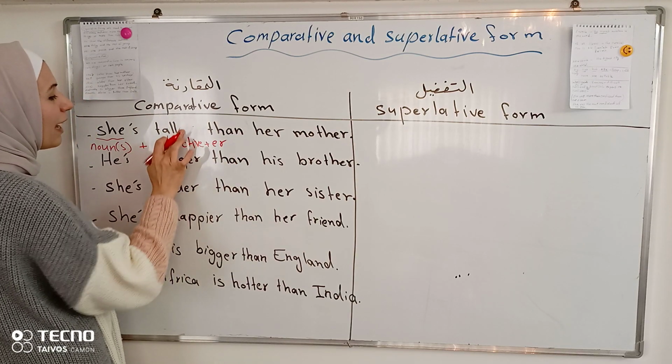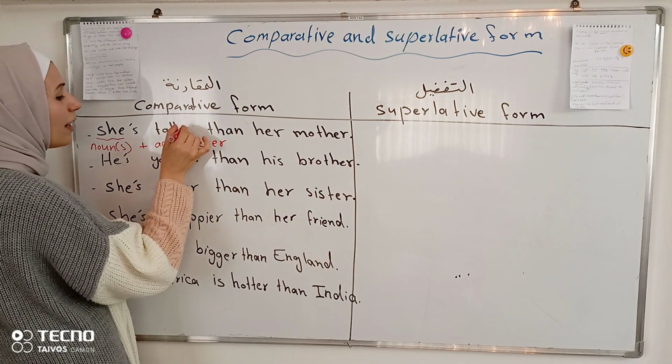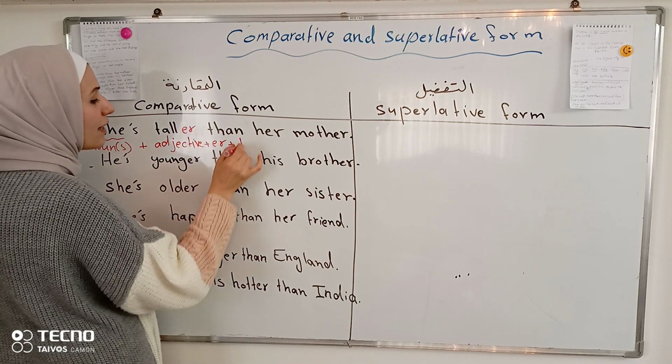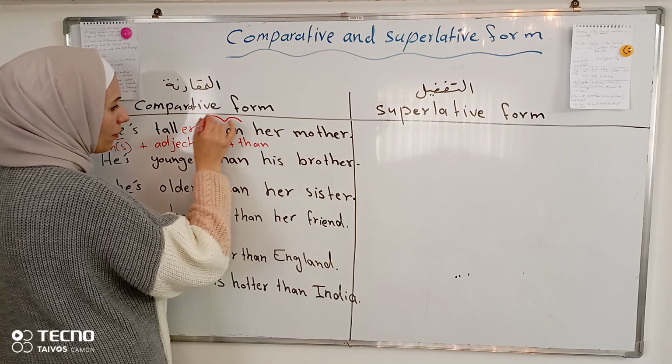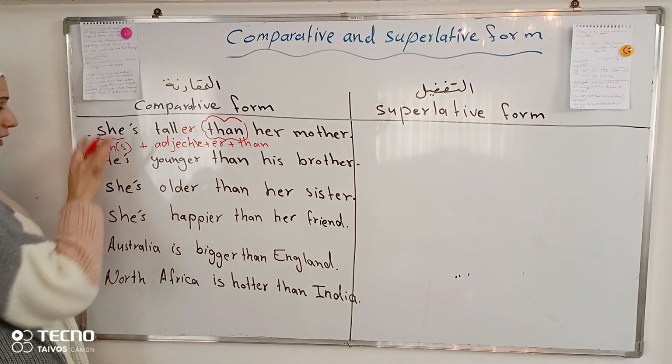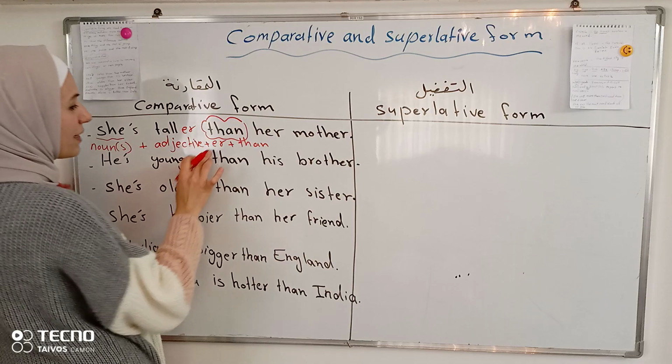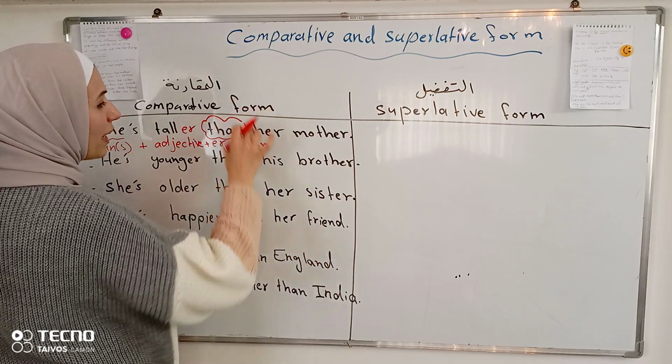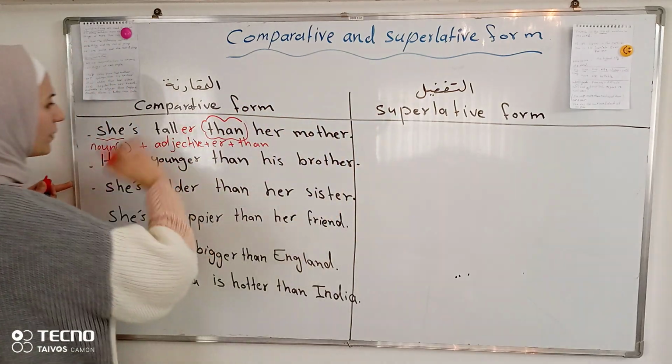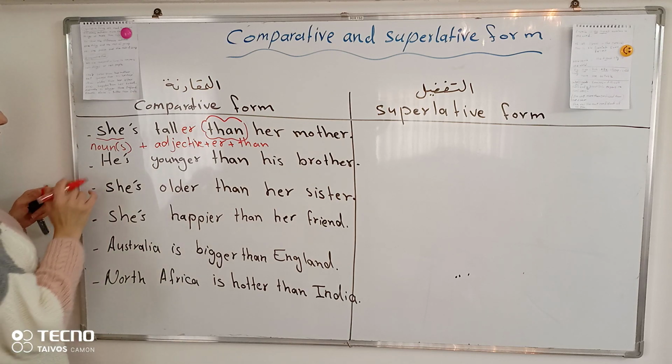We add er to the adjective in the comparative form, plus than. Subject plus adjective plus er plus than plus object, or complement of the sentence.